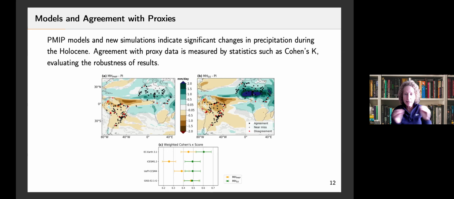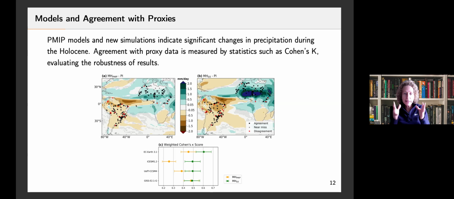And we have two experiments here, one with enhanced vegetation, which is B, and one with just the standard orbital changes. And the little dots are the values of the proxy records. And we can see when we have agreement, when we have a sort of near miss, and the red are the disagreement.